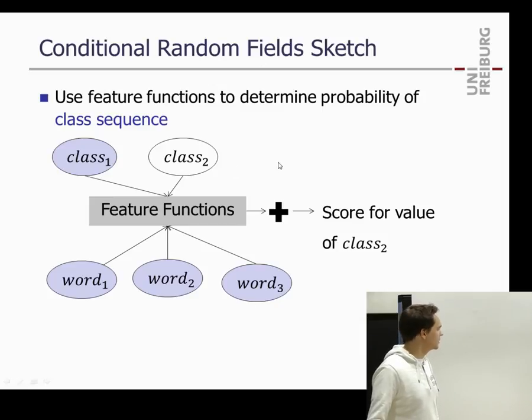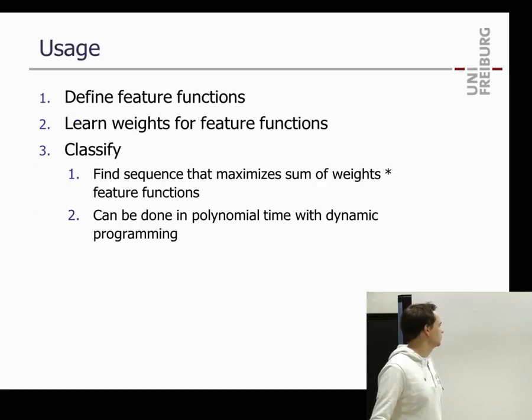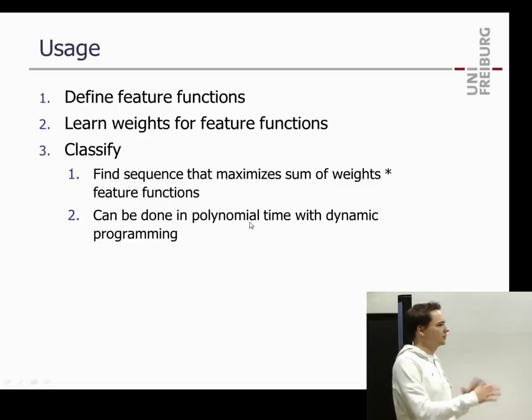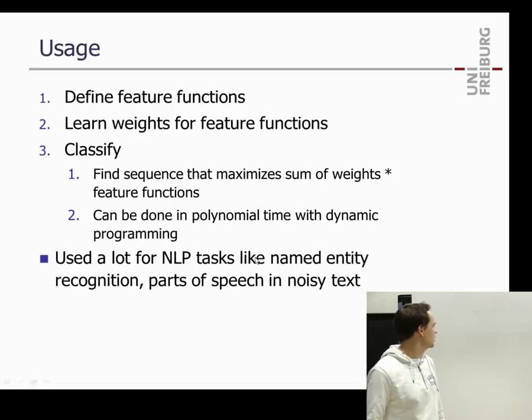And then we go one step further, and we can kind of forget this here, because this here will no longer affect the number 3. So this is why it's possible to classify in polynomial time without having to go through all possible sequences, because we only depend on the node before.